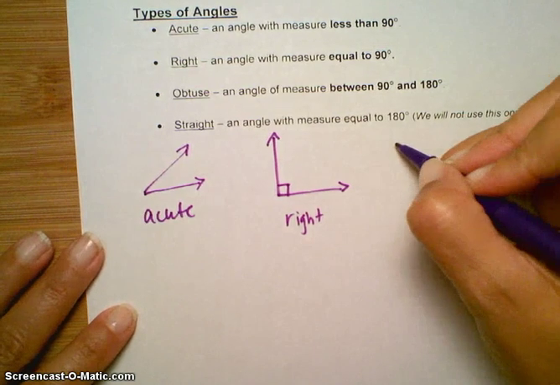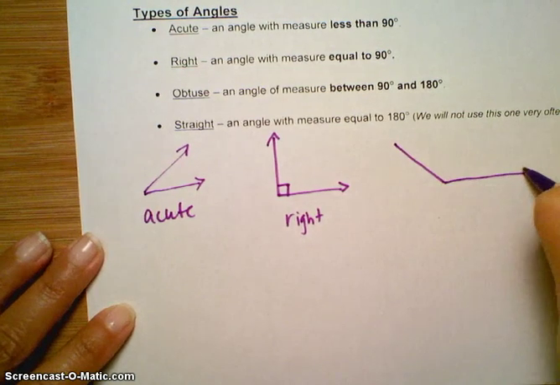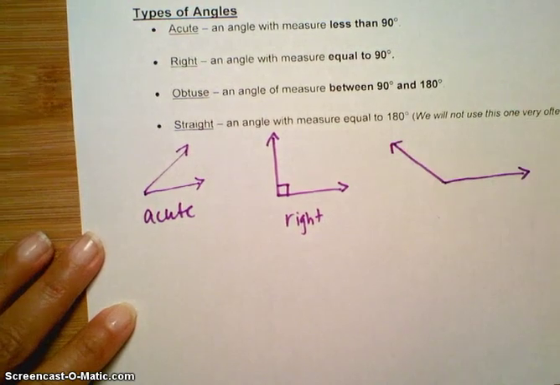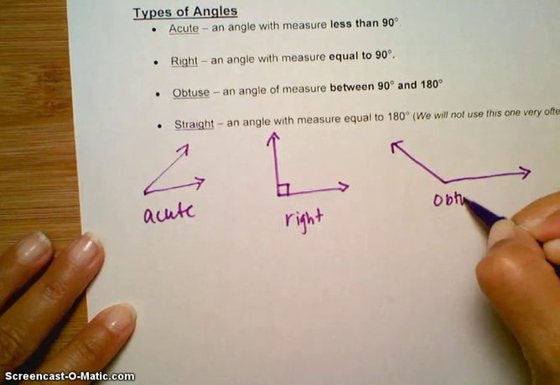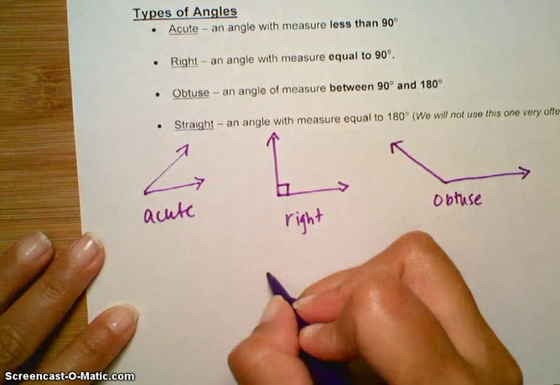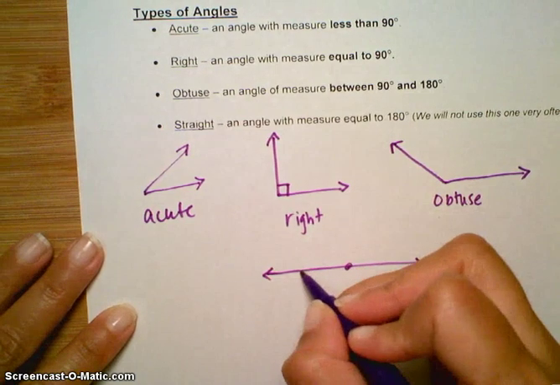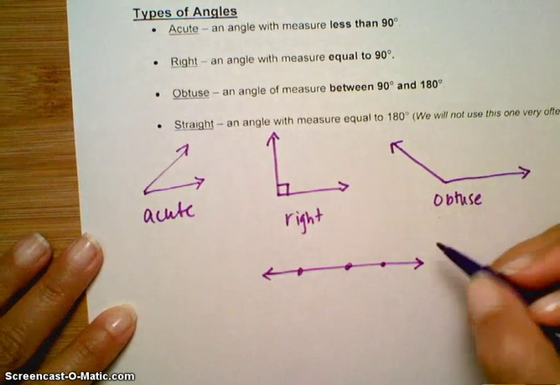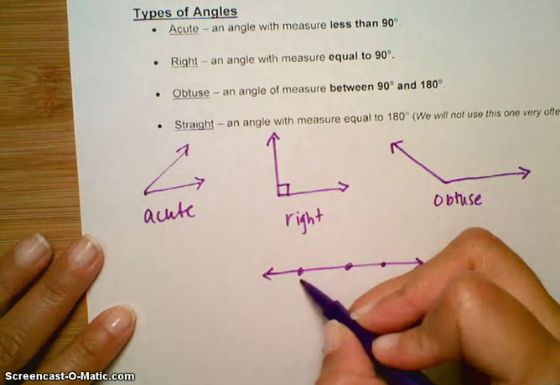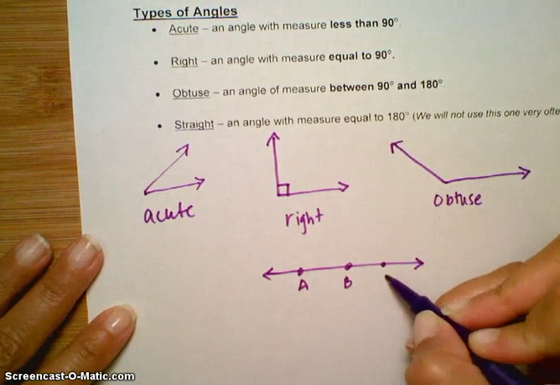An obtuse angle, this would be an obtuse angle, and then a straight angle would look like this, but boy, doesn't that angle look like a straight line?